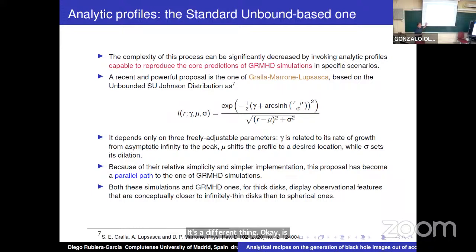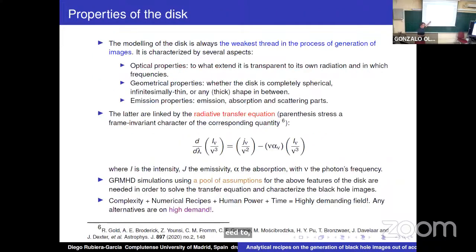The trick here is that this is with general relativity. If you move this profile beyond general relativity, that's a different thing, because you would need to run magnetohydrodynamic simulations in this new theory beyond general relativity, and then come up with a similar proposal for the intensity profile. The problem is that running the simulations brings us back to the same problem we have here, but further complicated.